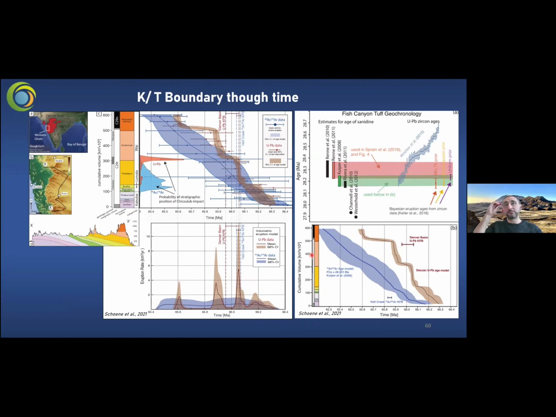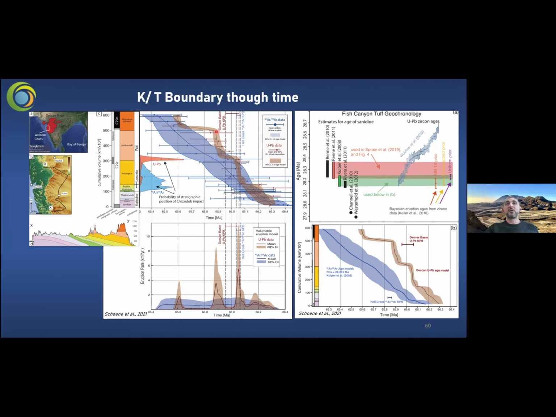But I don't know, I think that Urs showed you that. I'm almost finished. This is what I told you for calcium-rich materials. So this is the comparison between uranium-lead ages on the Deccan Traps and argon-argon ages. In blue, you have the argon-argon ages that have been produced by the group in Berkeley.